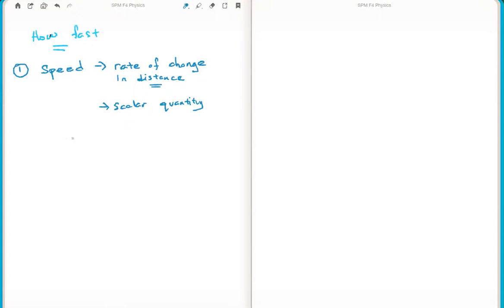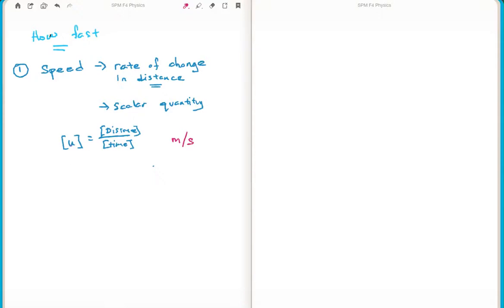So the equation for speed is u, the rate of change, something over time. Here would be distance. Therefore the unit would be meter per second for speed.